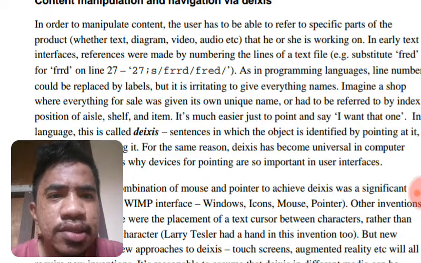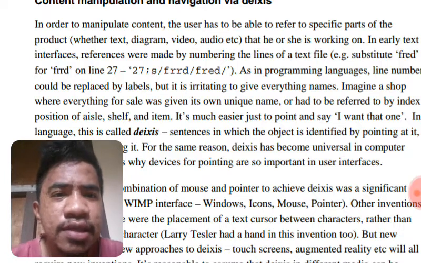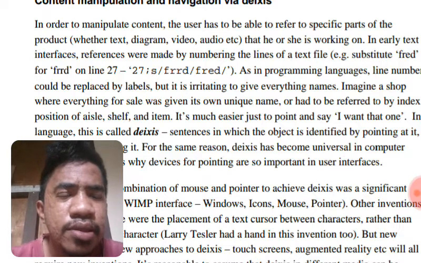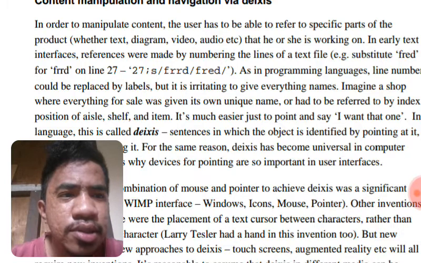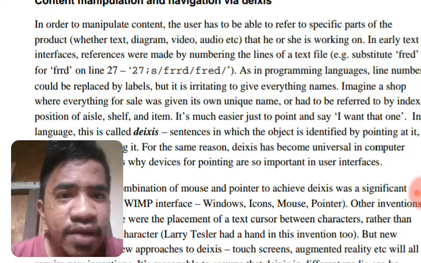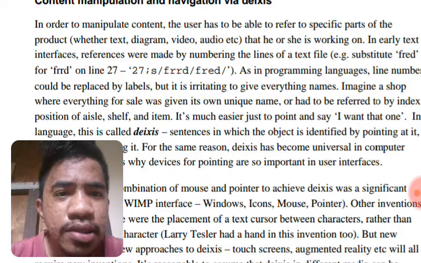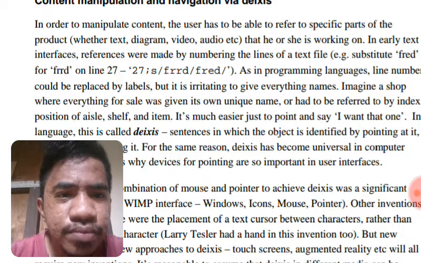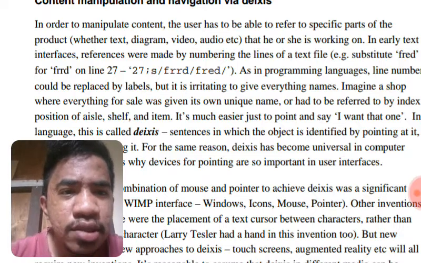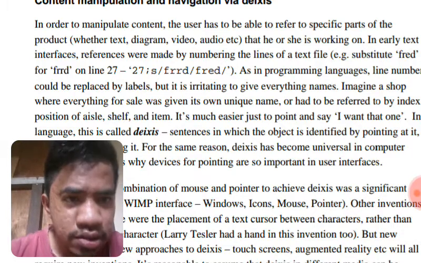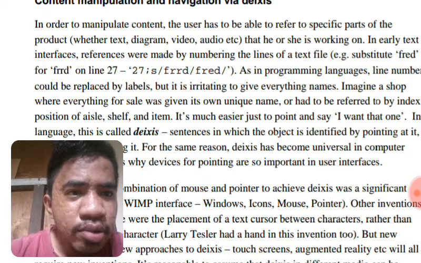In early text interfaces, references were made by numbering the lines of the text file. Each substitution was specified, for example on line 27, s/VRD/Fred/, as in a programming language.